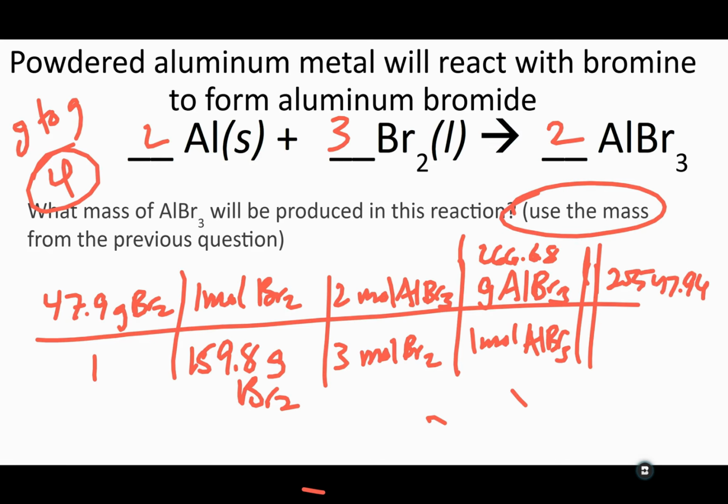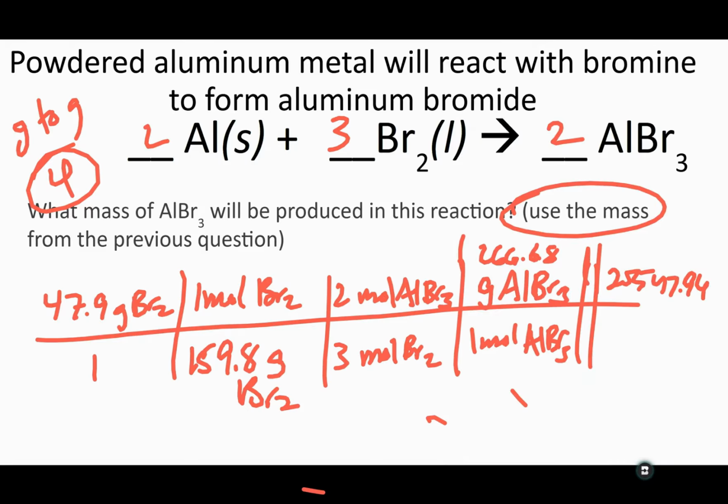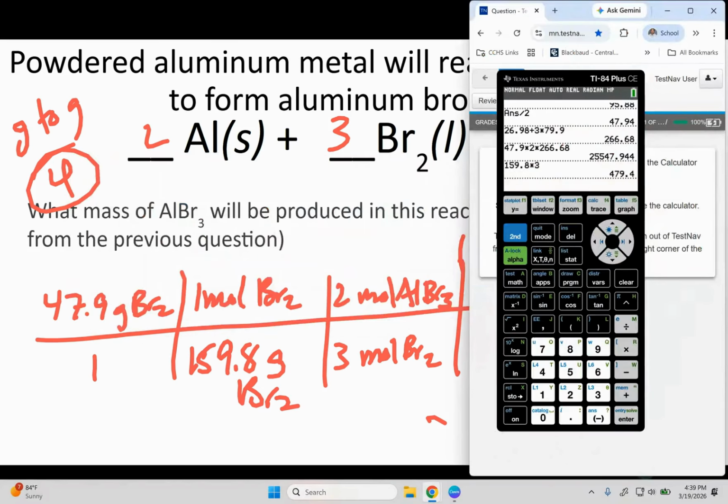So 25547.94 divided by my denominator, which was 159.8 times 3, 479.4. I will divide those two numbers and it'll give me my answer finally.